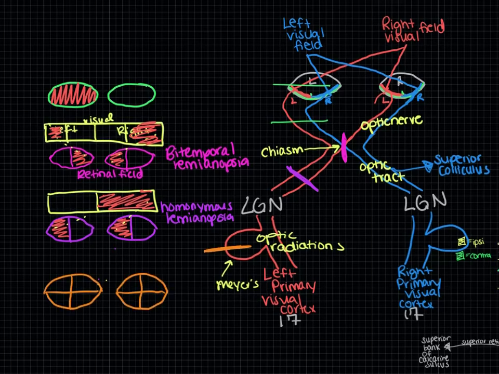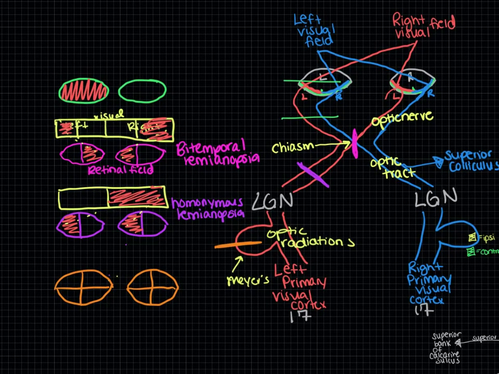So we know these fibers are going to come from the inferior retina, and because we are on the left side of the cortex, we know that we are getting left retinal fibers. So if we are talking about a quadrantopsia, that is from the inferior retina on the left side, that means the visual deficit is going to be from the superior field on the right side.